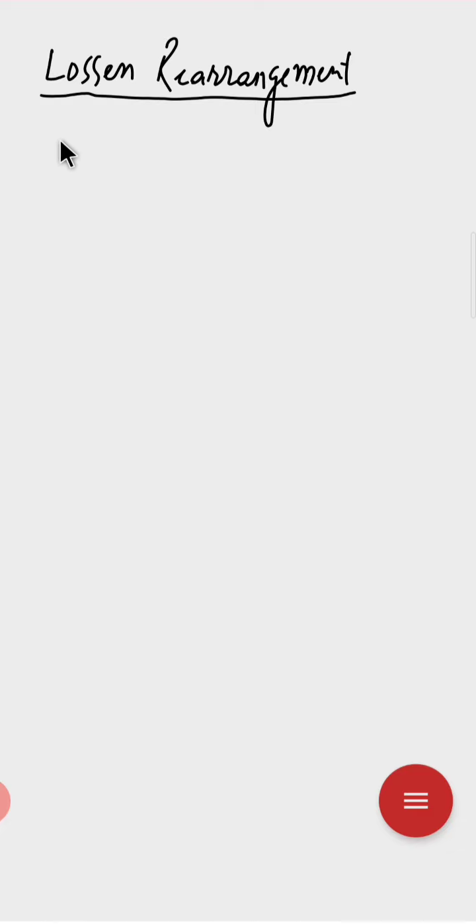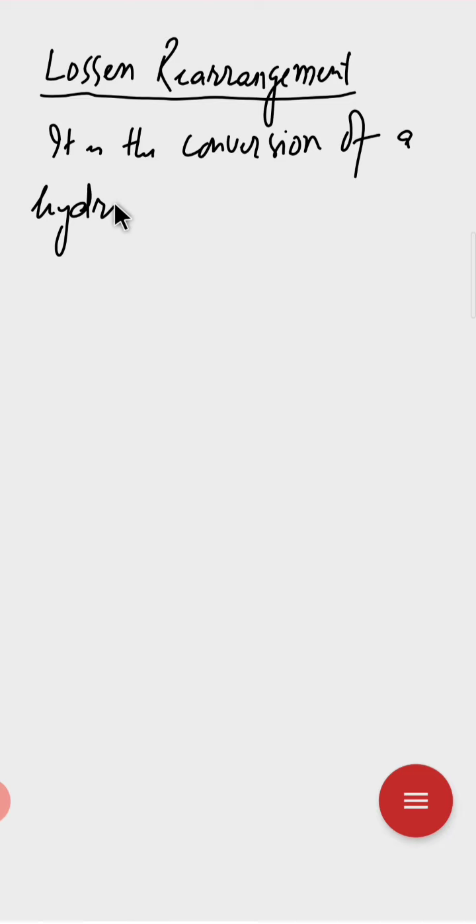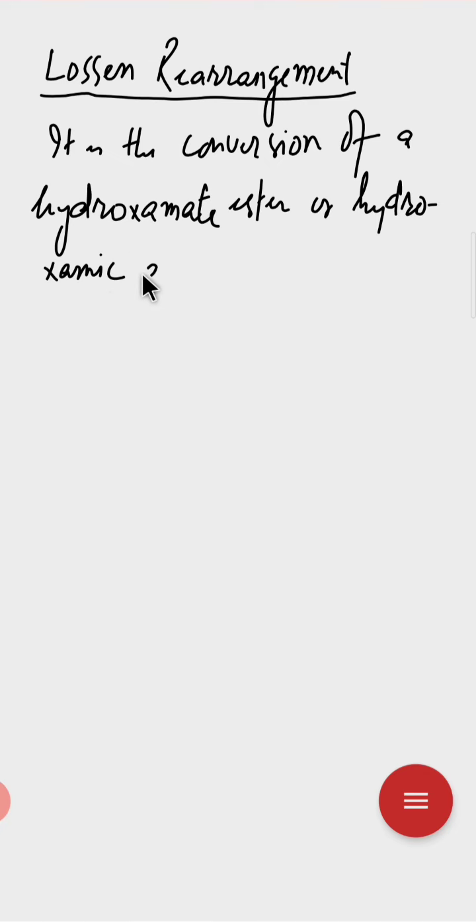hydroxamide, it is the conversion of, let me write some text here, conversion of a hydroxamate ester, or we can say hydroxamic acid, into an isocyanate.